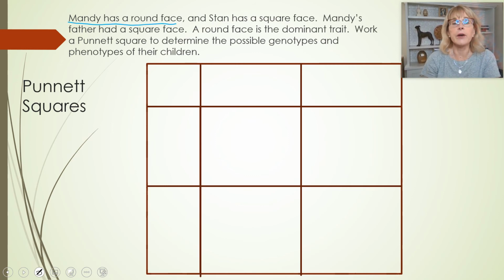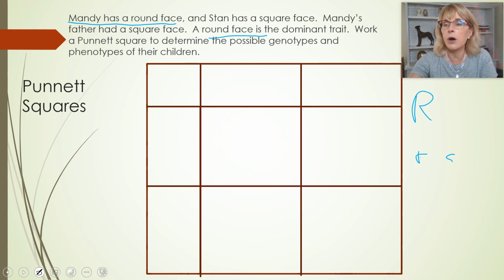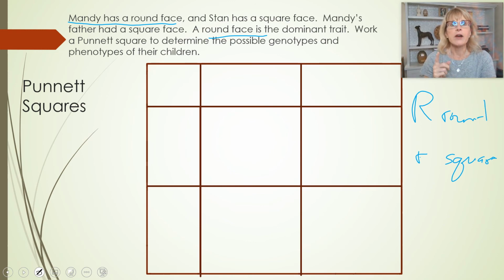So I'm going to use the letter R for face shape. And they tell us that a round face is dominant. So capital R will be a round face and lowercase r will be a square face. And I know that Stan has a square face.